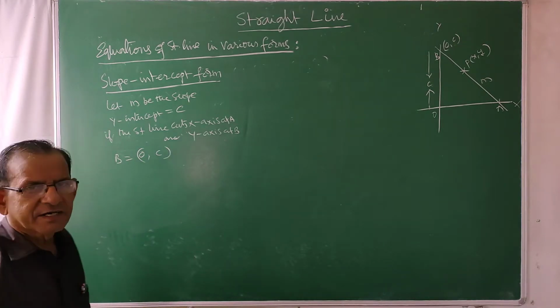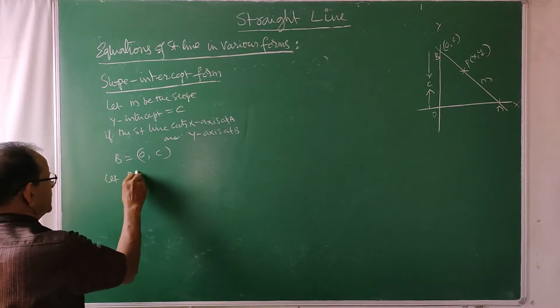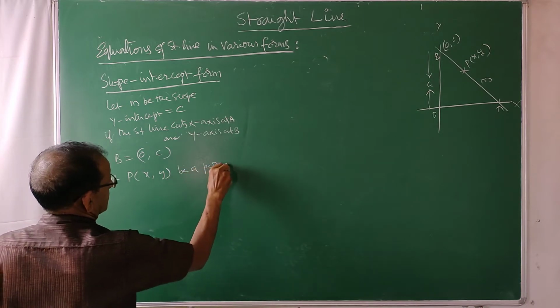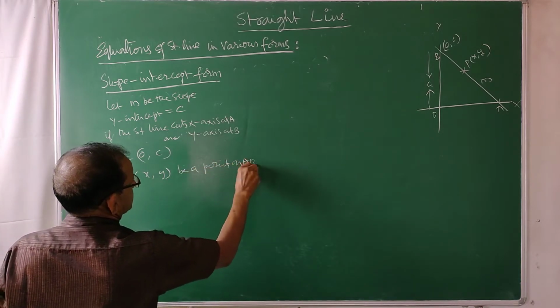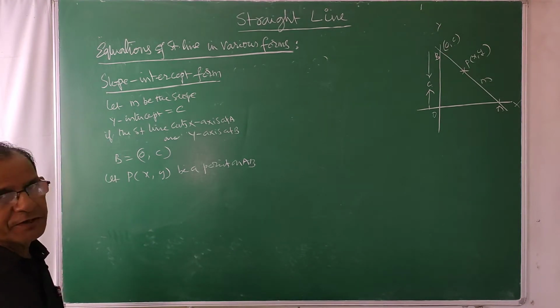We have to take a variable point always on that line. Let us take it as P. Let P (x, y) be a point on the line AB. Now slope of PB must be equal to m.